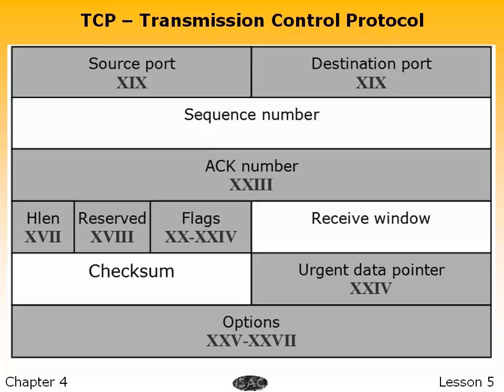Now let's have a look how connection termination happens. The connection termination phase uses a four-way handshake with each side of the connection terminating independently.